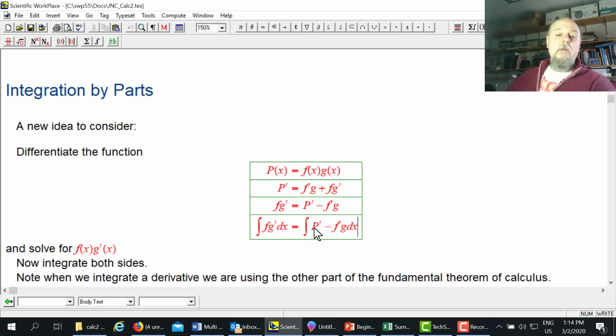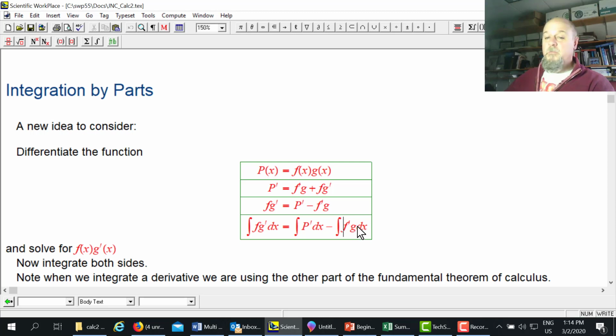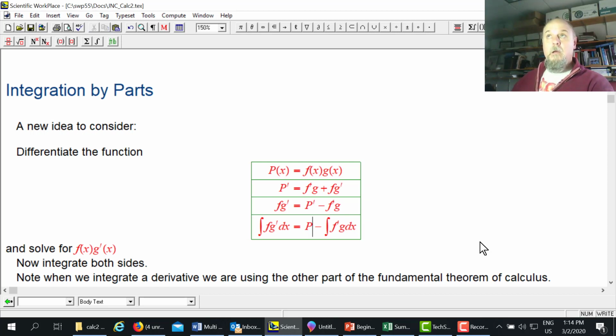If I integrate something minus something else, I can just integrate each piece separately. And if I integrate p prime with respect to x, that's just p. And what is p? p is f times g.